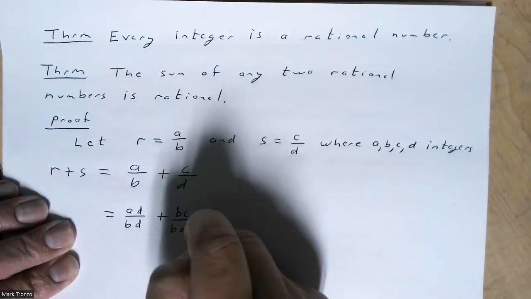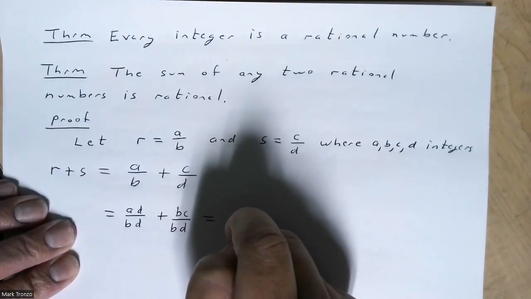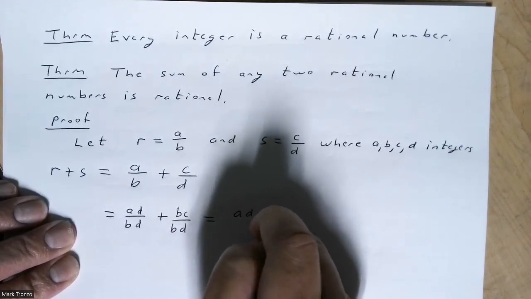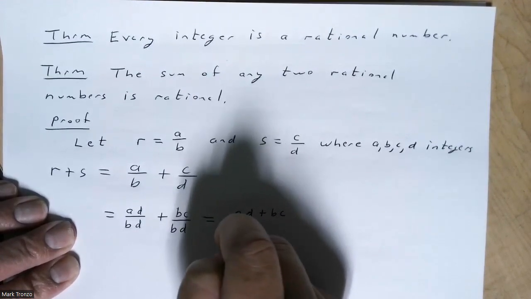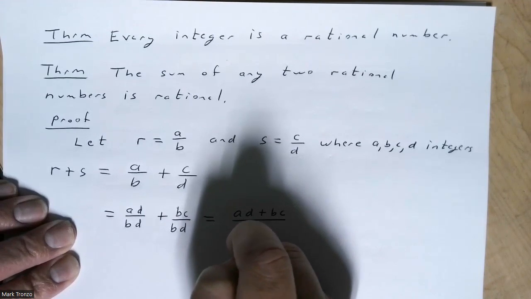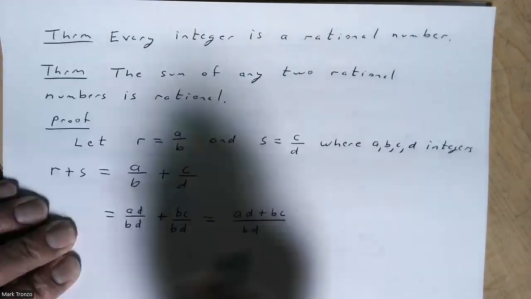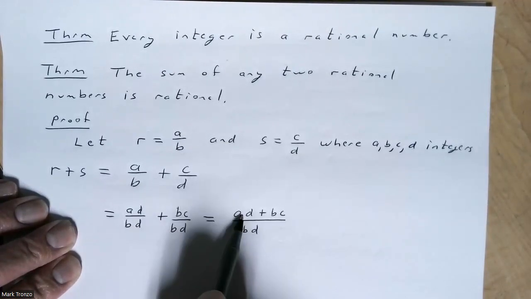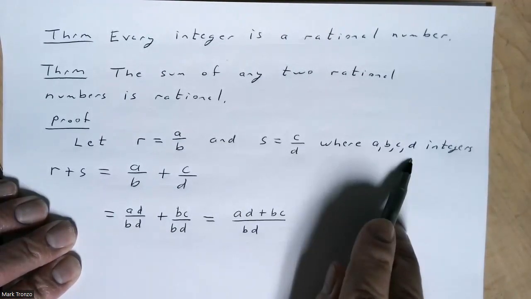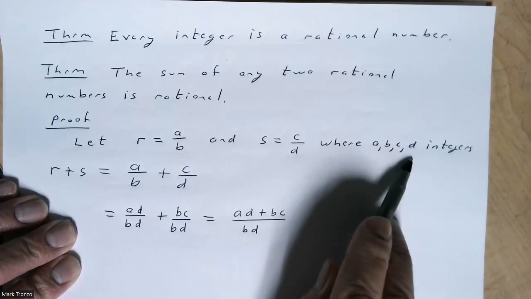We can add them. This is going to be AD plus BC over BD. And of course, AD, those are integers. BC are integers.